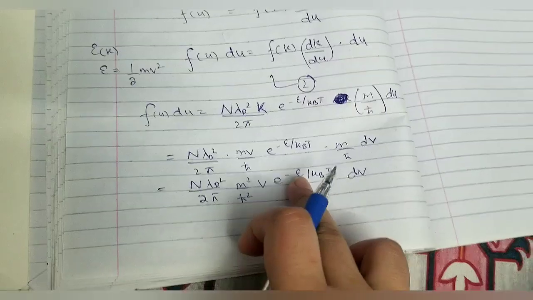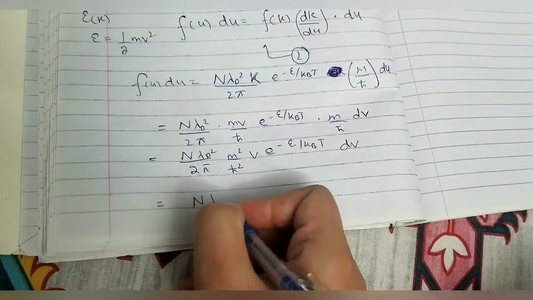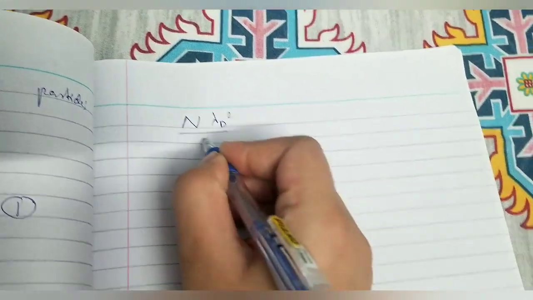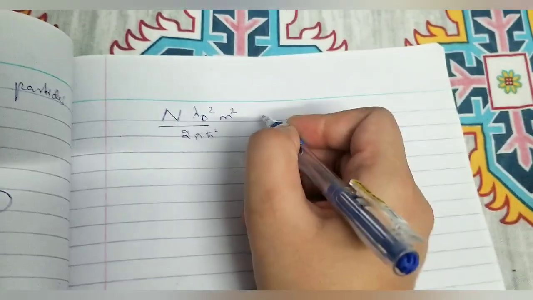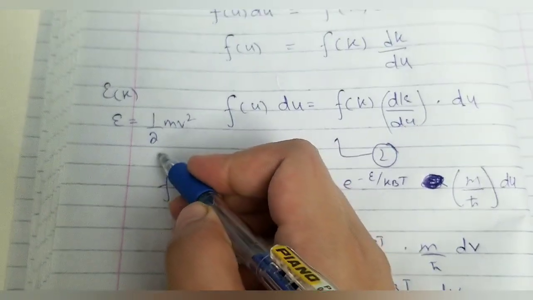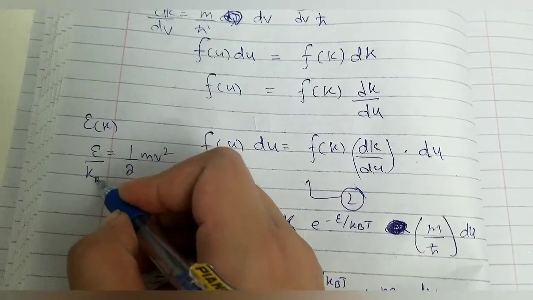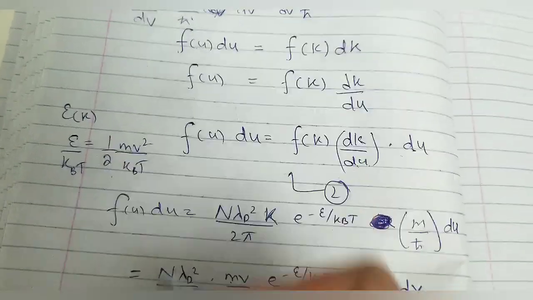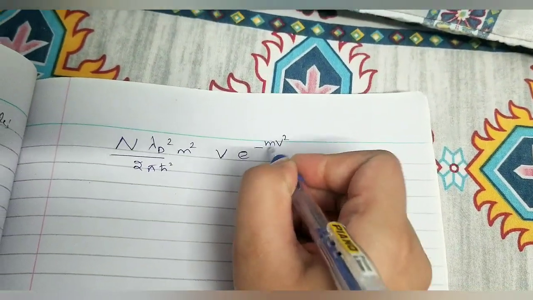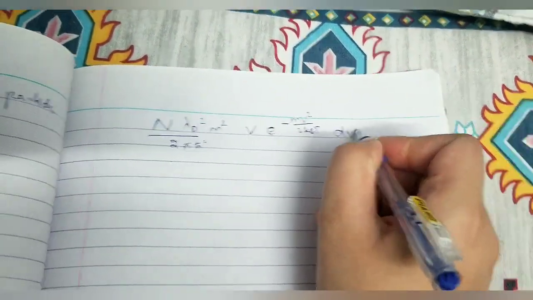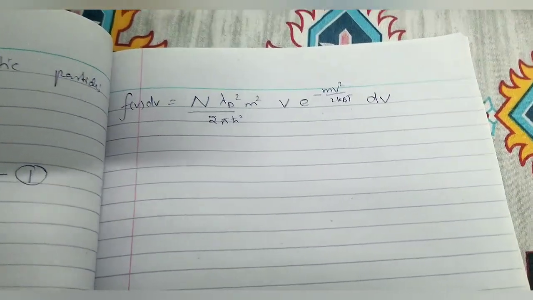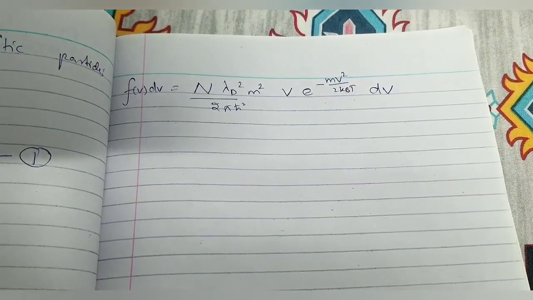So n lambda d square by 2 pi h cut square m square v e to the power minus, in place of e by kbt we'll write mv square by 2 kbt, dv. This is f of v dv.